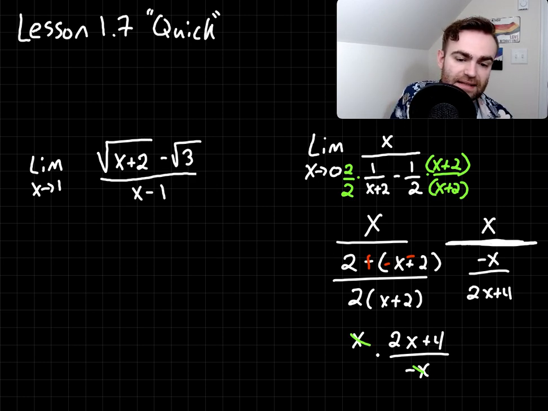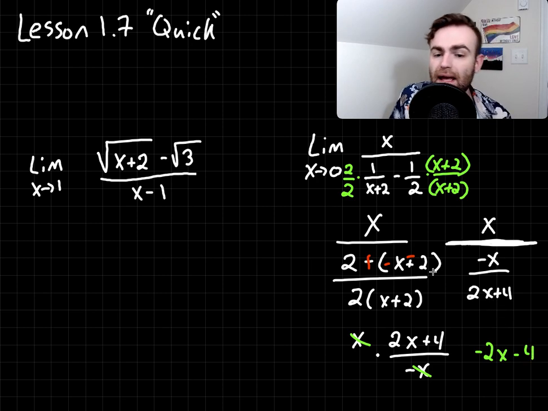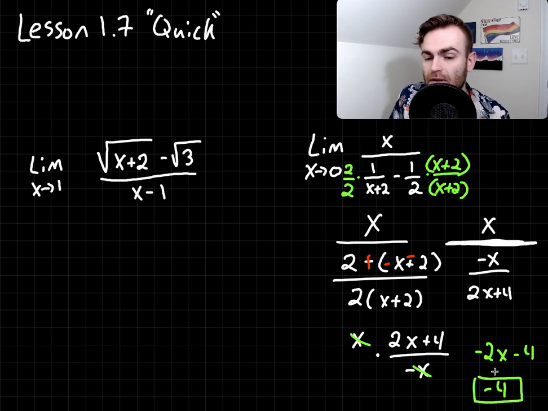Well, this x and this x will cancel, and the negative will just get multiplied in. So we have negative 2x minus 4, and if we evaluate that at 0, we don't get any problems, we just get negative 4. So again, this one had the indeterminate form, very clear that something would get fixed if we manipulate it. If you do not get the indeterminate form, you may be doing a whole lot of work for no solution. So please double check that.